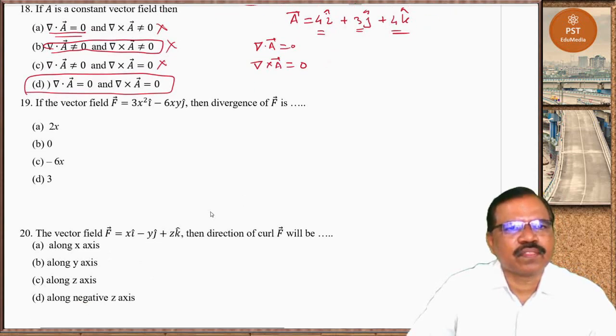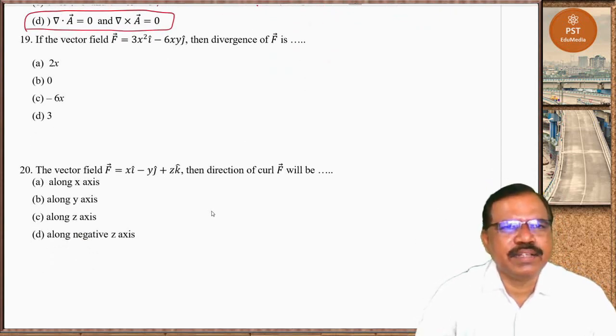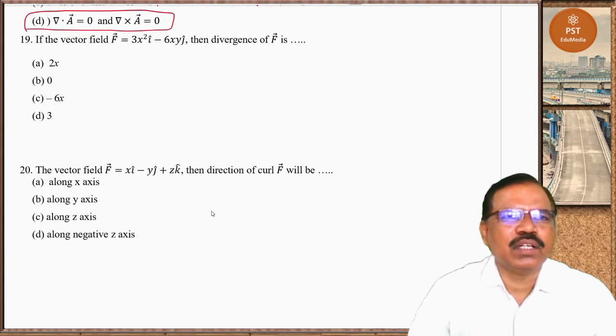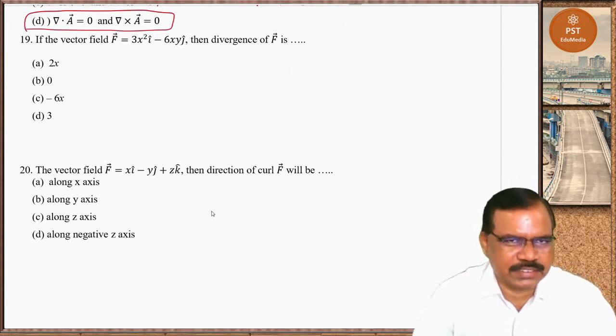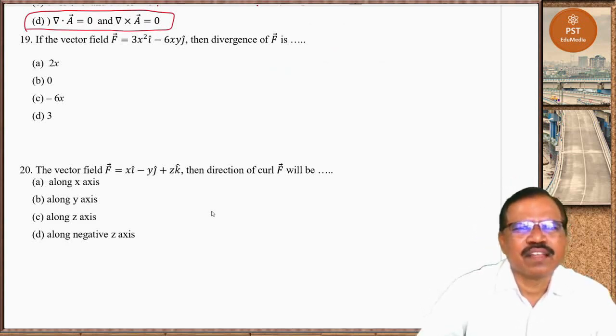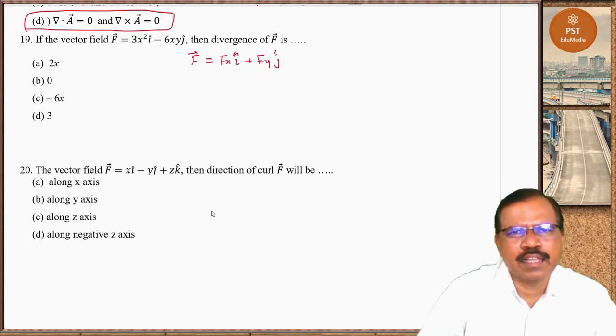Now, next one. If the vector field F is equal to 3x square i minus 6xy j, then divergence of F is. We have seen divergence. So F is equal to what? Fx i plus Fy j plus Fz k.